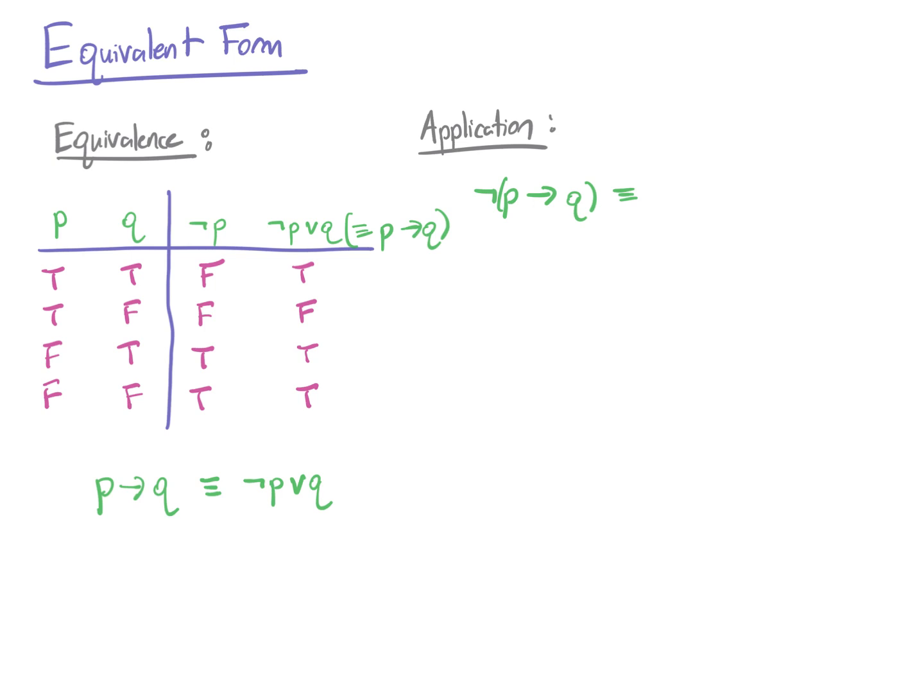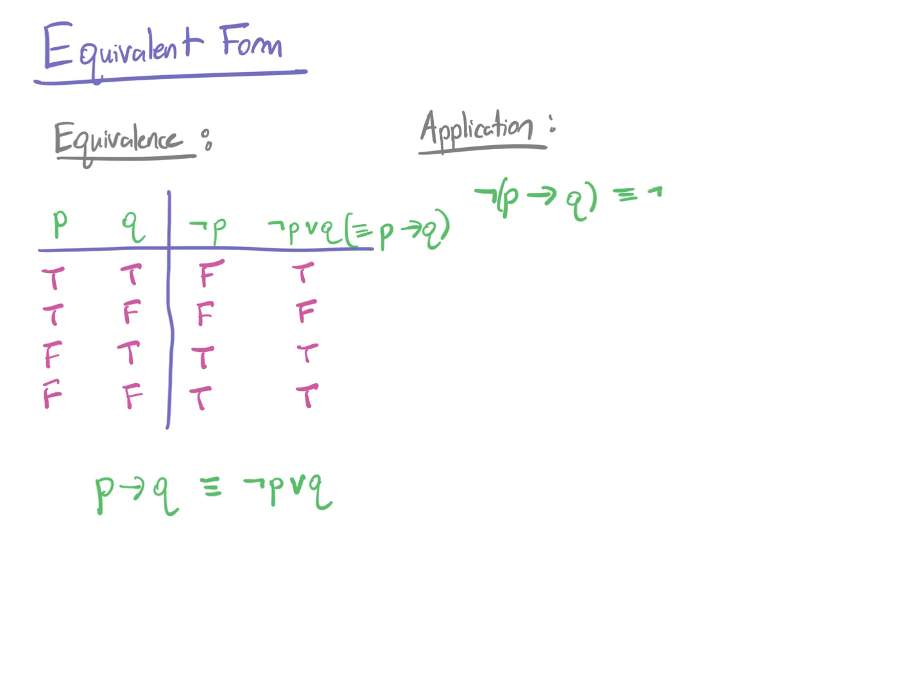Let's see an example of using this to simplify a logical expression. I'm going to start up here with not (P implies Q). What I'd like to do is simplify this as far as I can. I'm going to follow standard form, which means I'm going to take this step by step and justify each of the steps that I make.